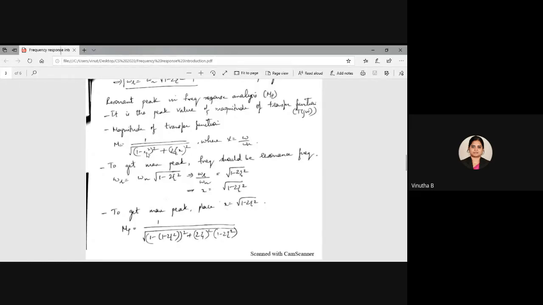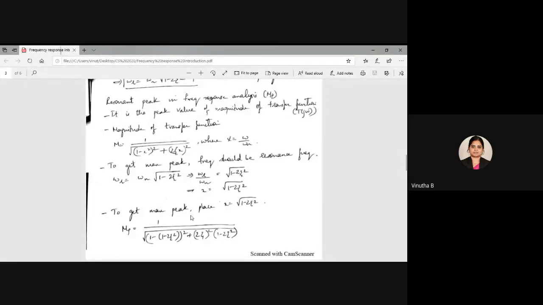So wherever you have x in this equation, there you have to replace that by square root of 1 minus 2 zeta square. So that will give you MP, that is the peak resonant frequency, is equal to 1 divided by square root of 1 minus, in place of x, I will write it as 1 minus 2 zeta square, the whole square, correct? Because this square and this square root will get cancelled and you will be left with a square here, correct?